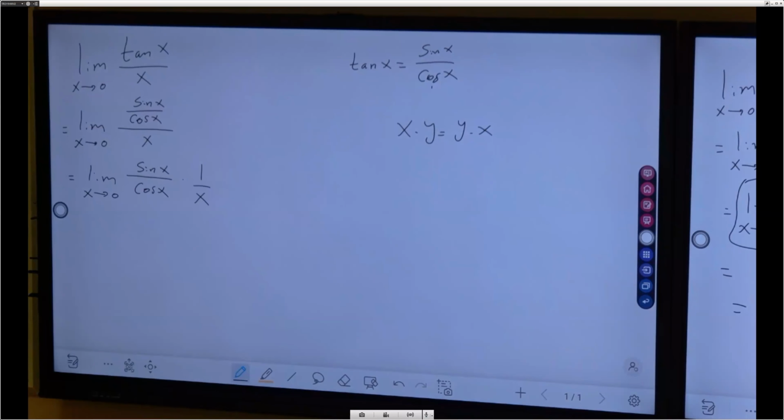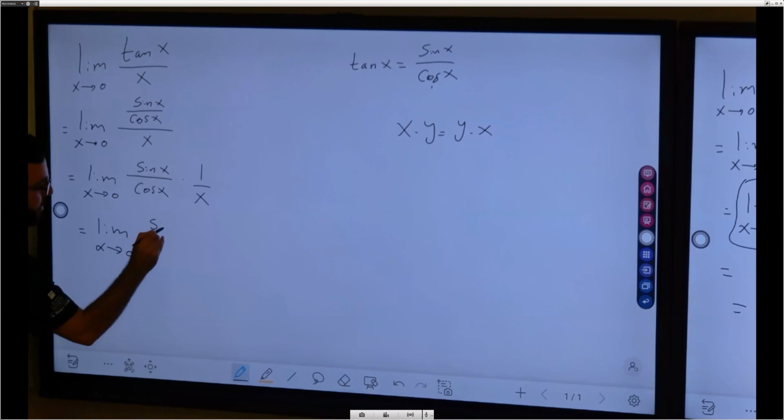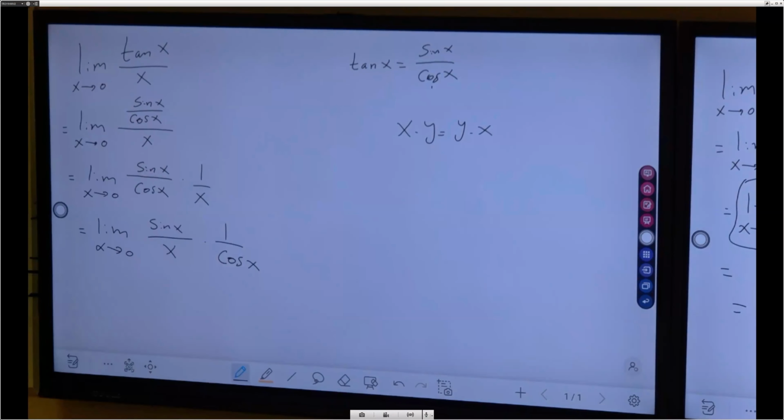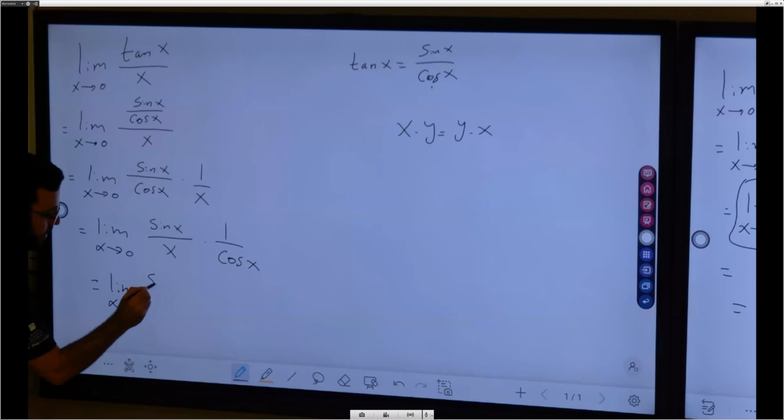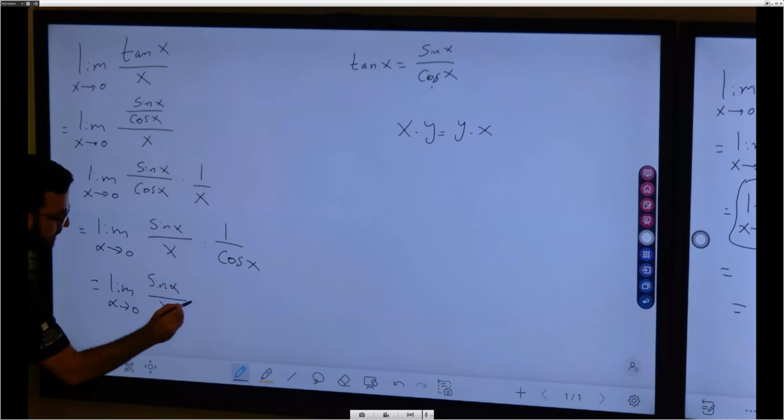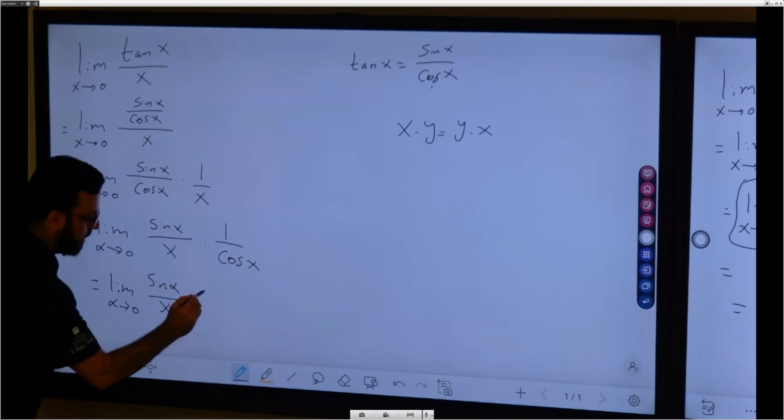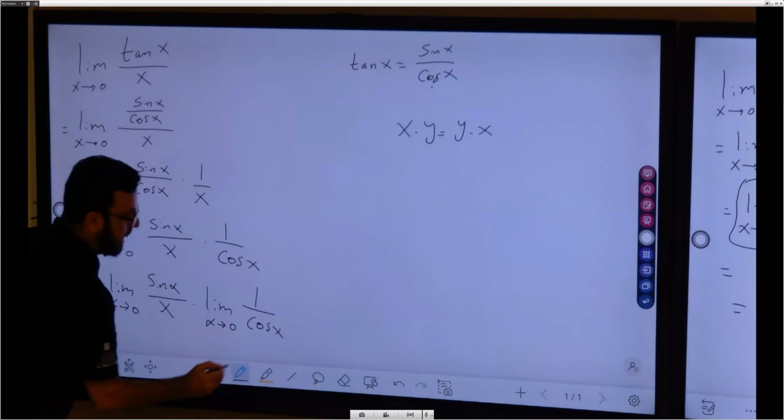That means it's the limit as x approaches 0 of sine x over x times 1 over cosine x. Can I distribute the limit? It's multiplication, so it's the limit as x approaches 0 of sine x over x, times the limit as x approaches 0 of 1 over cosine x.